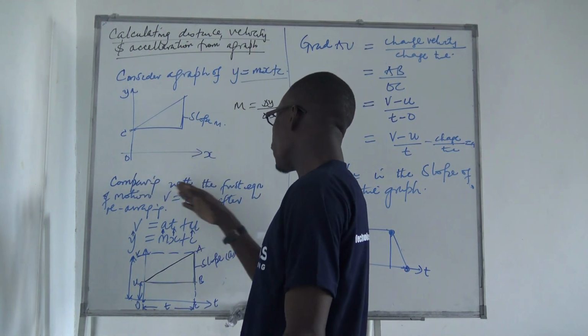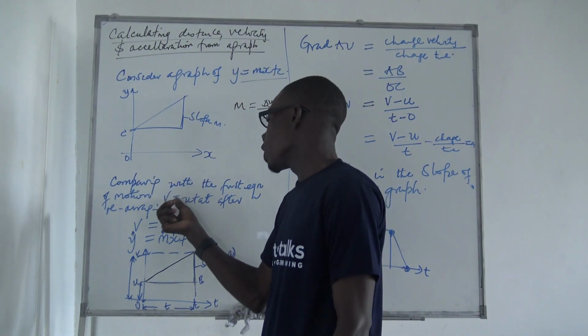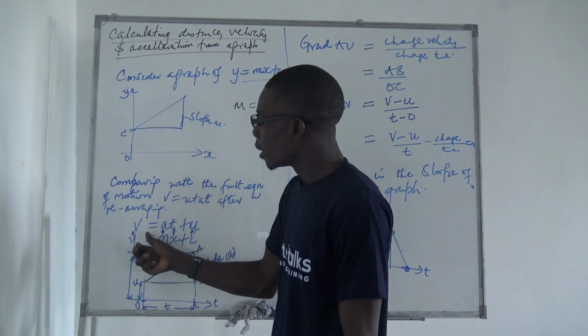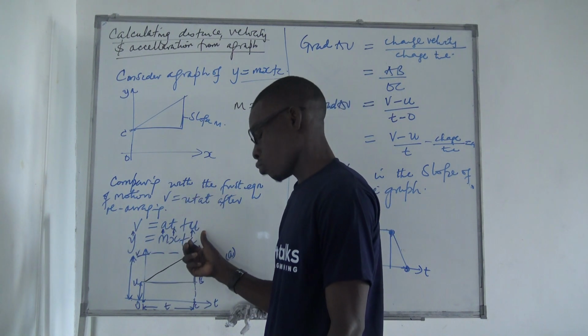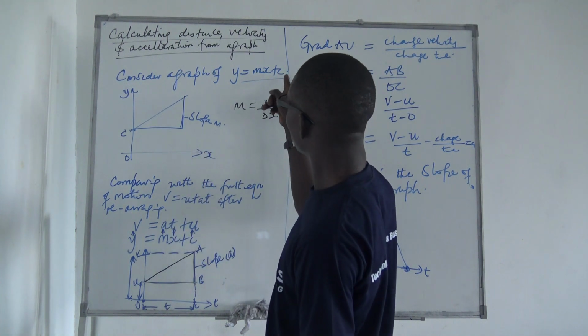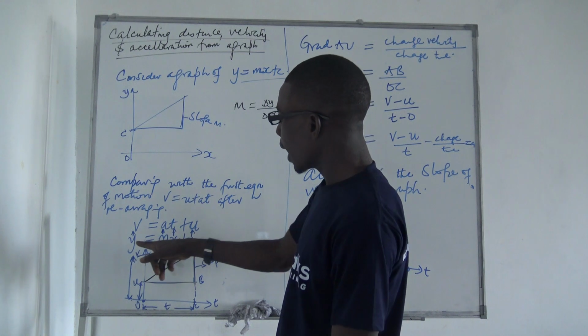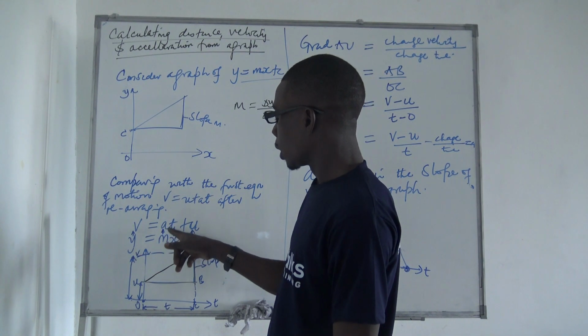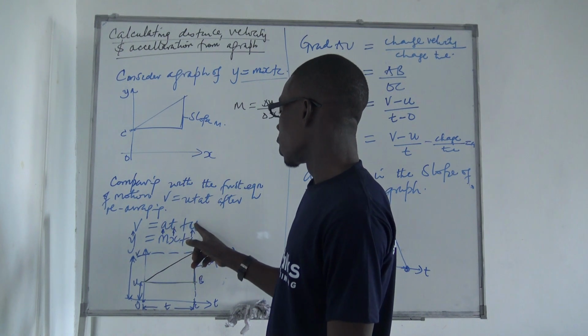So we said if we have the first equation of motion, which is v equals u plus at, we rearrange it to be v equals at plus u, and we compare it with this, you realize that y is the same as v, a is the same as m, t is the same as x, u is the same as c.